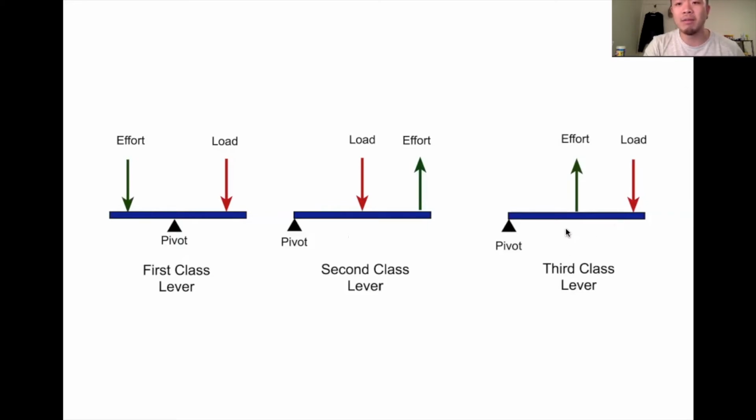And the third class lever, which is in our arm model, you can see your muscle force has a shorter moment arm, and your load has a longer moment arm, which will give you mechanical disadvantage. You need to generate more force to counter the torque, right? But what's the pro of the third class lever?